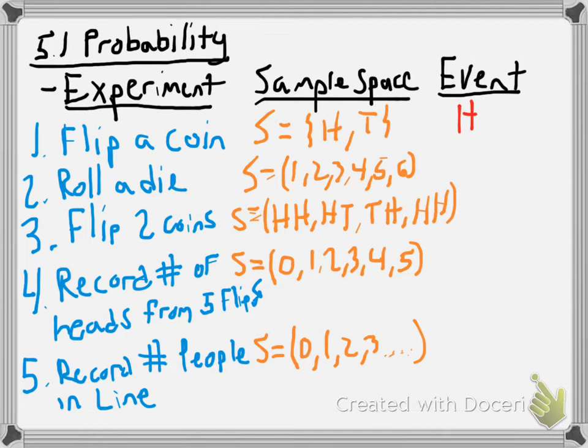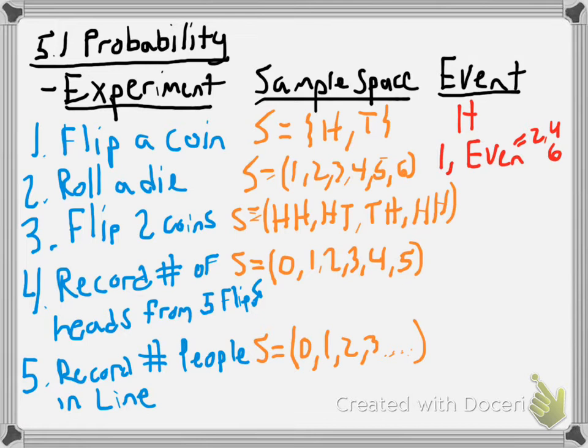Rolling a die, an example event would be rolling a 1, or a 2, or a 3, or 4. We can sometimes say the event might be rolling an even, which is actually 3 numbers, 2, 4, and 6. So sometimes events can be collections of individual outcomes in the sample space.